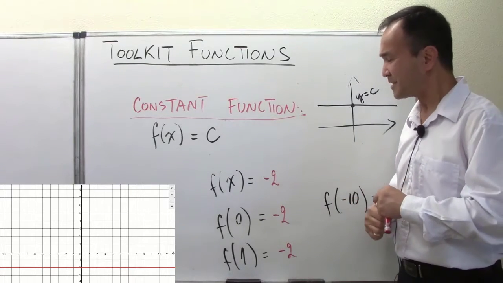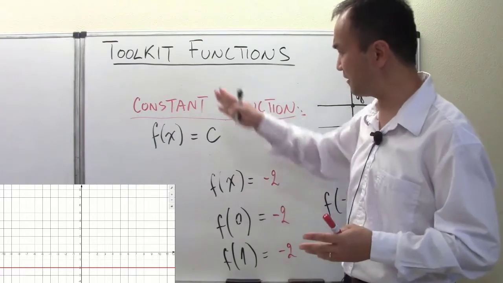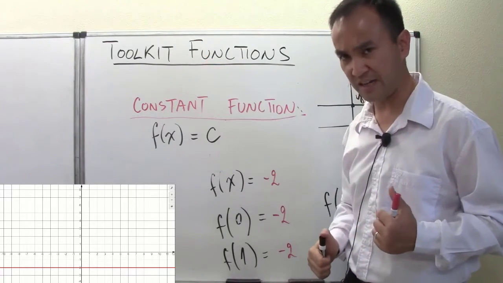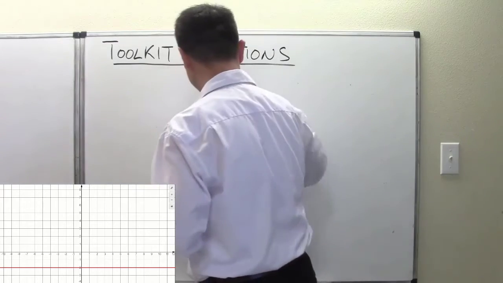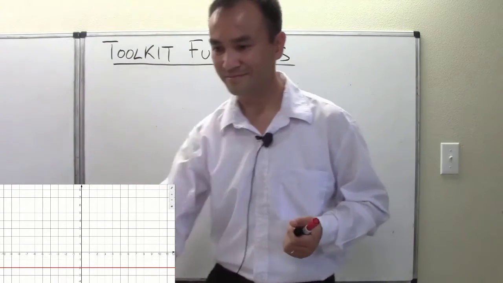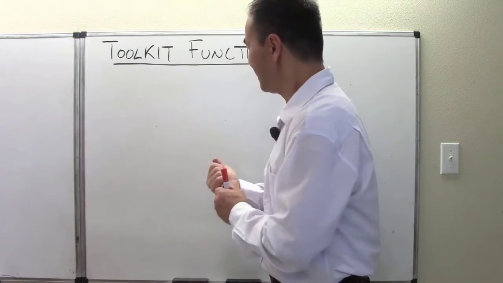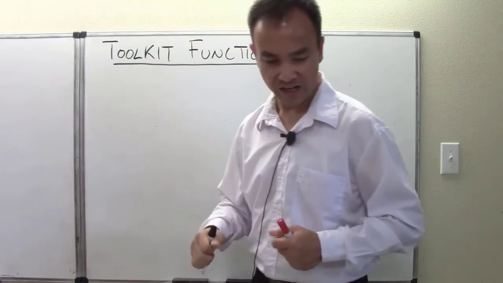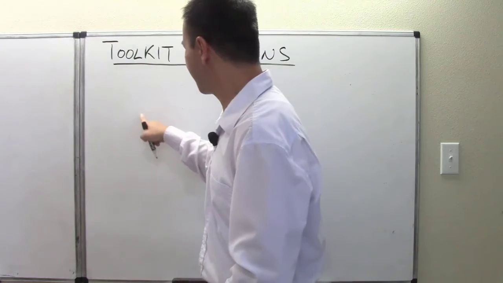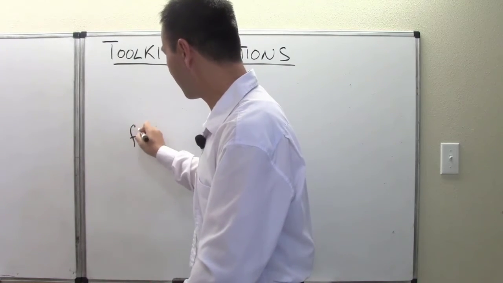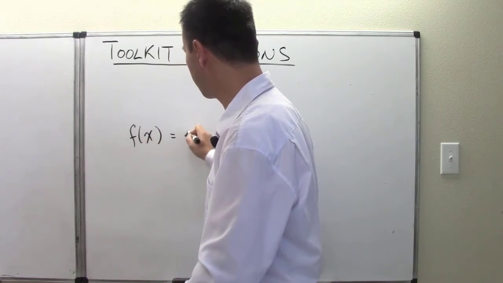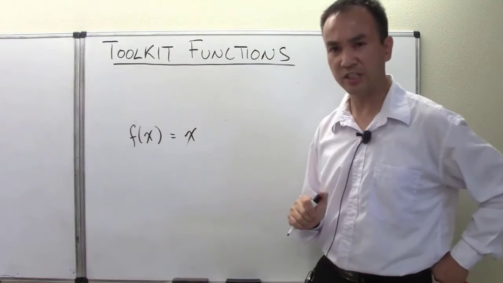Okay, so now the next one in our family of all the ToolKit functions that I want to introduce here. Let's look at the next one, a specific one. F of x equals x.